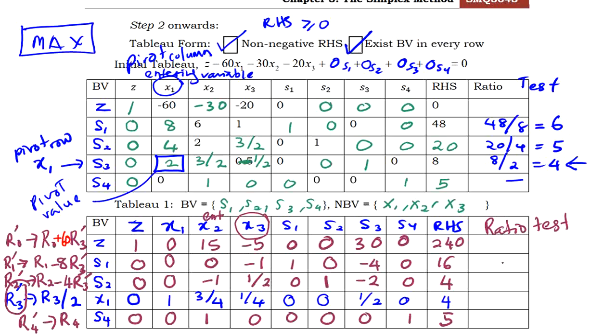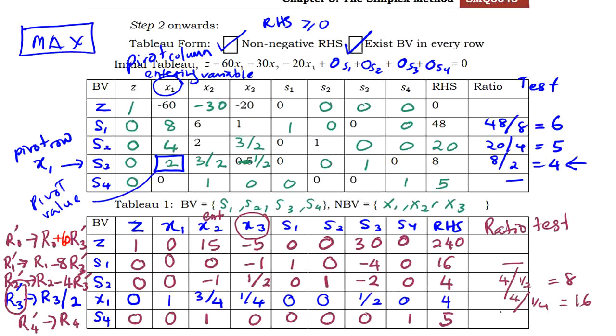We don't take negative coefficient in pivot column, so just put dash, and then 4 over half, you get 8, right? 8, and then 4 over 1 over 4, you get 16, and then 5 over 0.